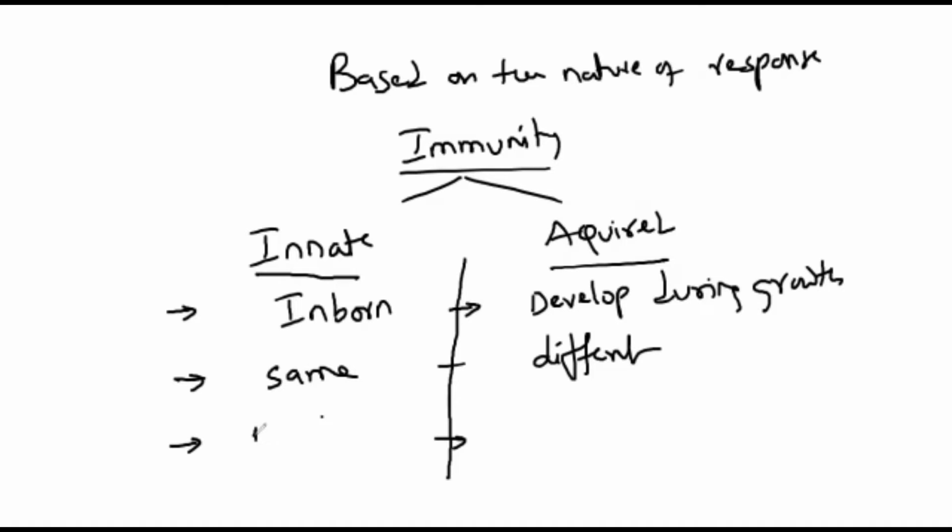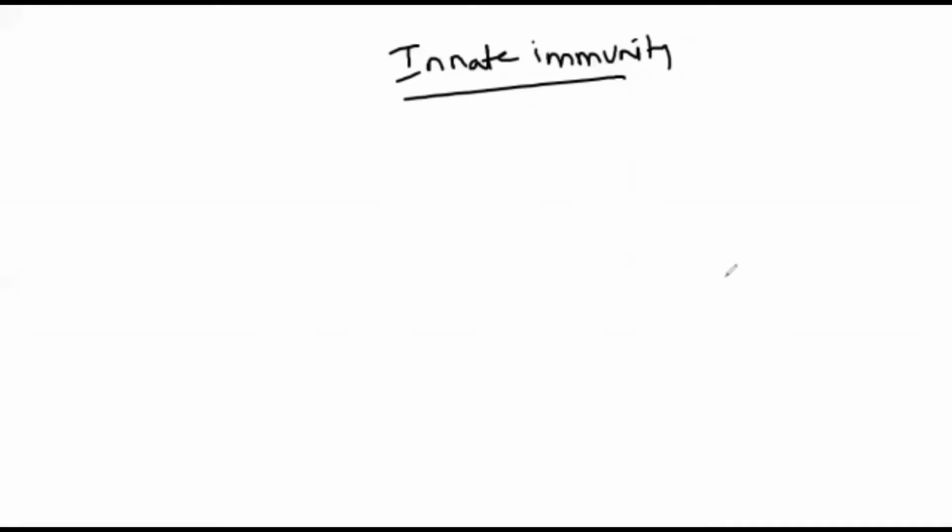Innate immunity does not provide immunological memory. Memory is absent, but acquired immunity has a memory. Once the antigen enters the body, it can recognize it. If the same antigen enters the body a second time, it can easily recognize the same antigen. That is the difference between innate and acquired.